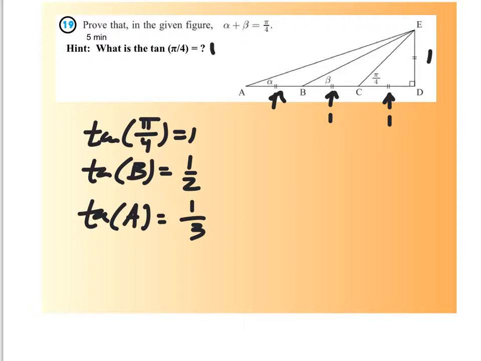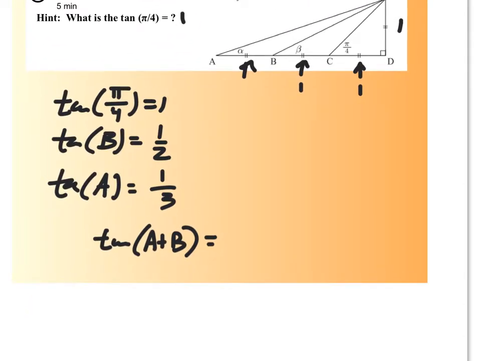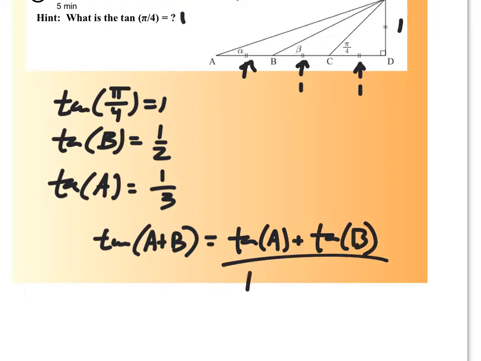So let's write out the tangent of a plus b. All right, let's just write this out. Well, that would be the tangent of a plus the tangent of b over 1 minus the tangent of a times the tangent of b.